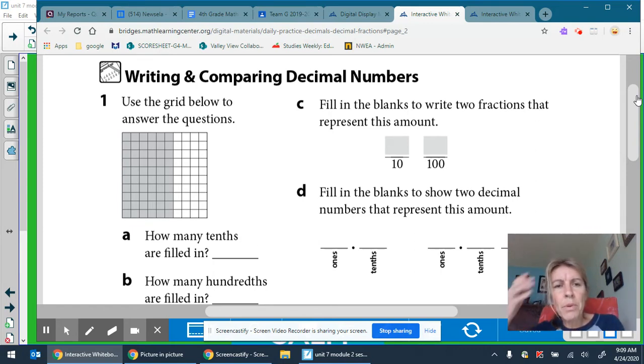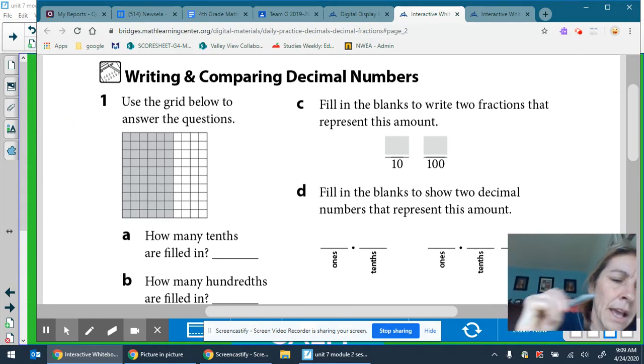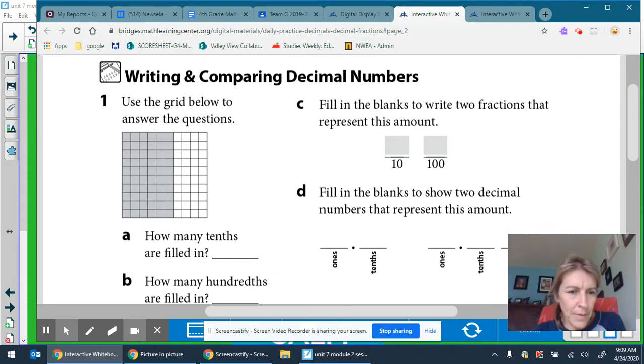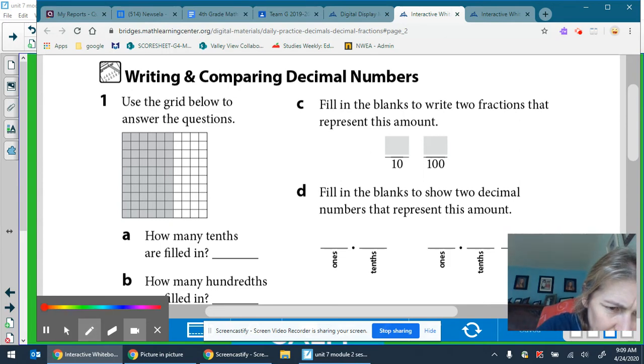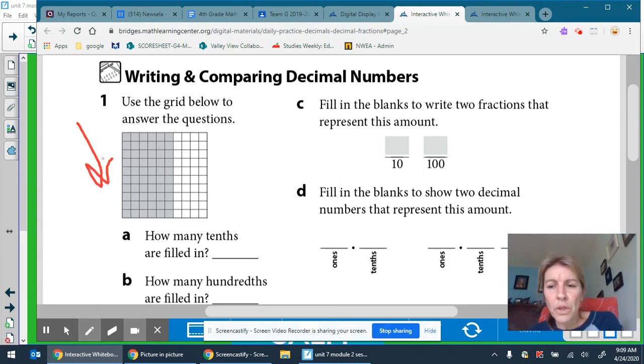Okay, so number 1, it says use the grid below to answer the question. So thinking about the base 10 piece that we just worked through, you're looking at this as one whole, but you don't have a whole yet because all of them aren't shaded in.